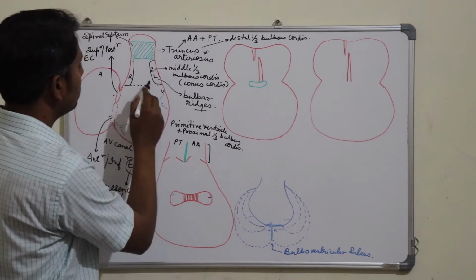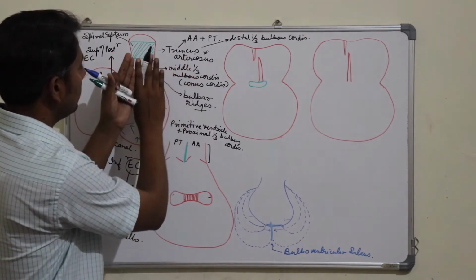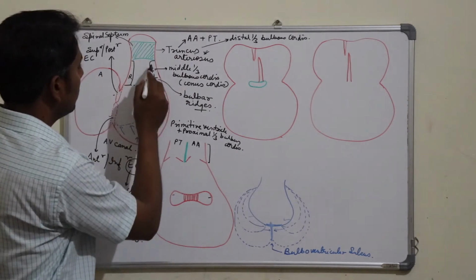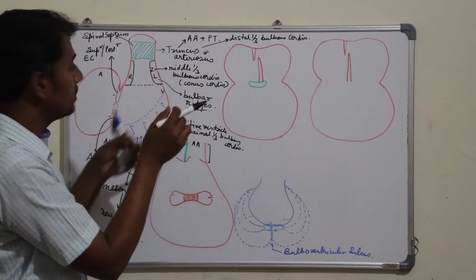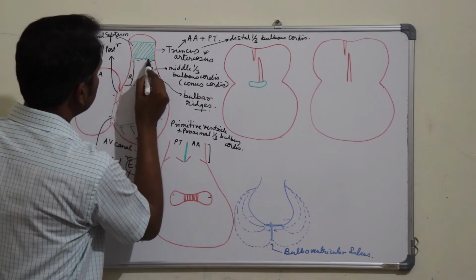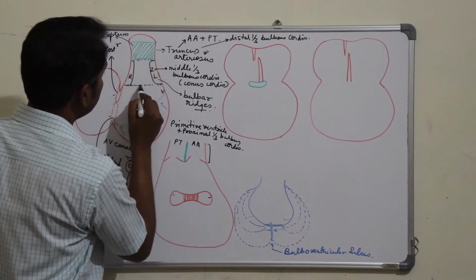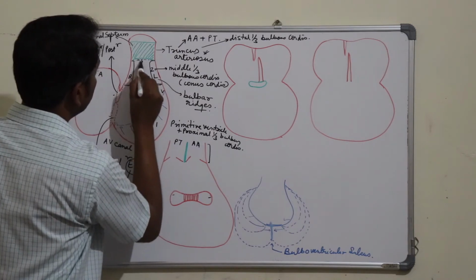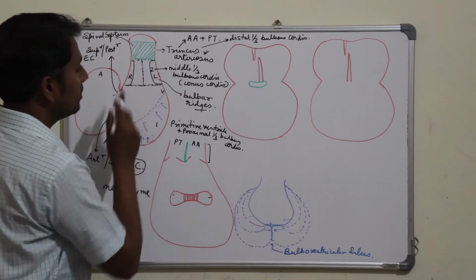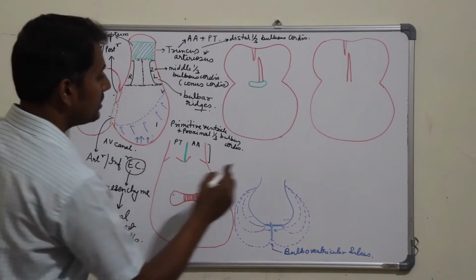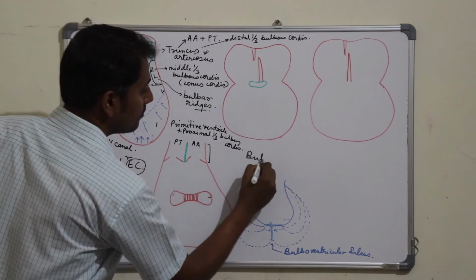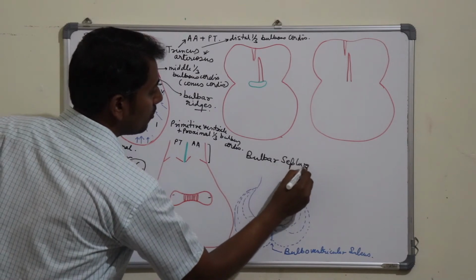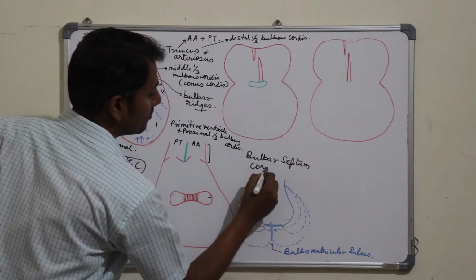These two bulbar ridges will grow towards each other and will get fused to divide this conus region into two chambers. So these bulbar ridges will completely fuse with each other. This fused bulbar ridge is known as bulbar septum or conal septum.